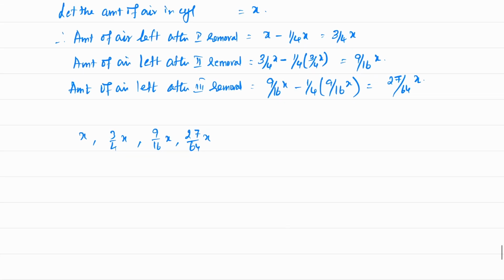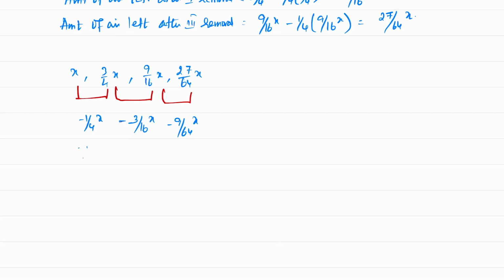Now let's see the difference. Now difference between these two will be negative 1/4 of x. And what about this one? This will be negative 3 by 16 of x, and the third one will be minus 9 by 64 of x.